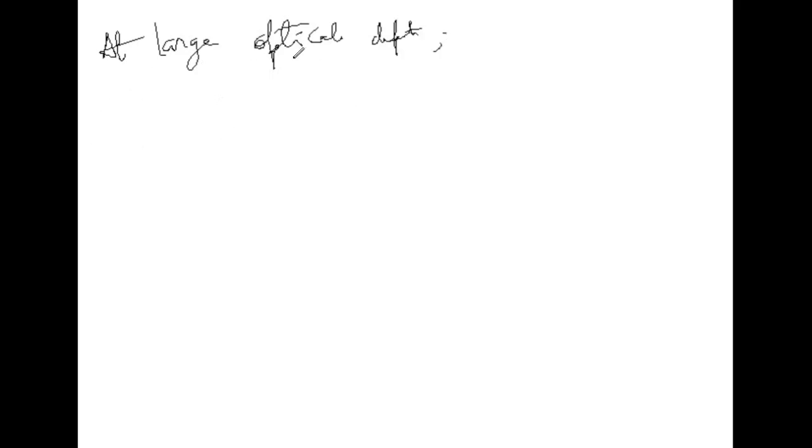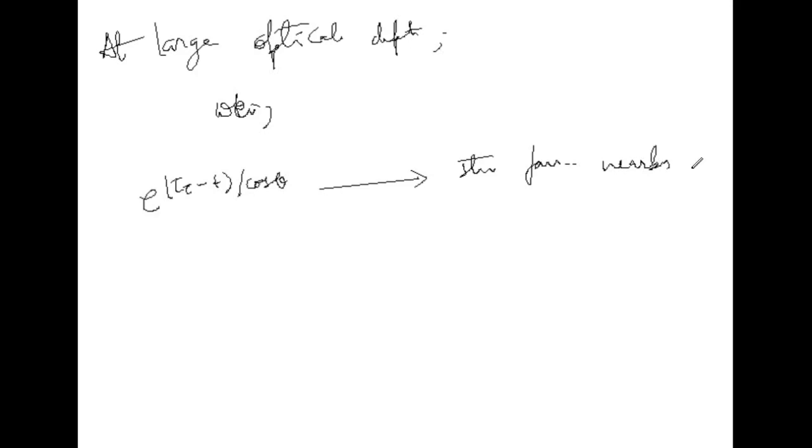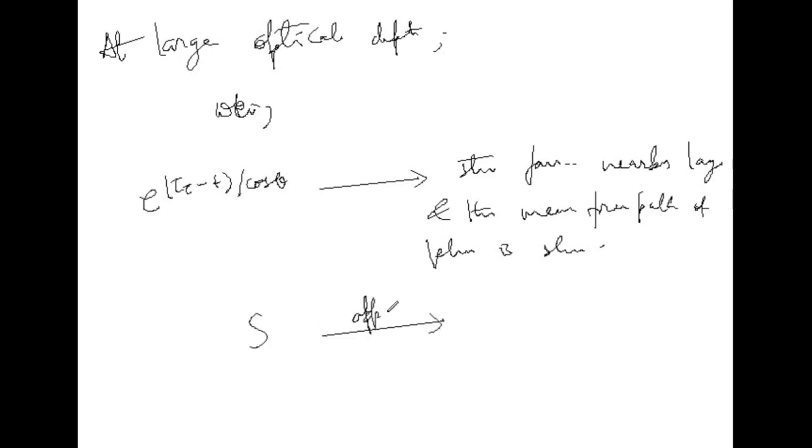What I am saying is that at this large optical depth, this weighing, this term e to the power tau r minus t by cos theta, strongly favors nearby layers, and the mean free path of photons is short enough that the source function can be approximated by a Taylor series expansion of specific intensity for blackbody radiation. So let us do this.